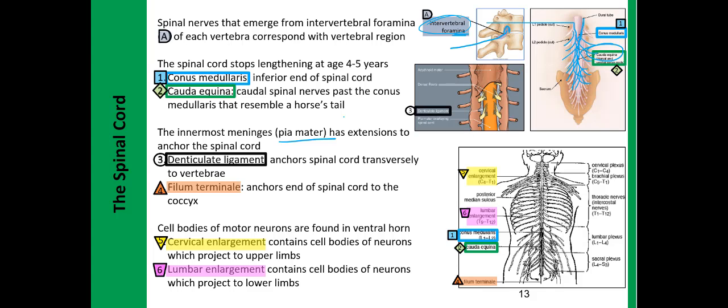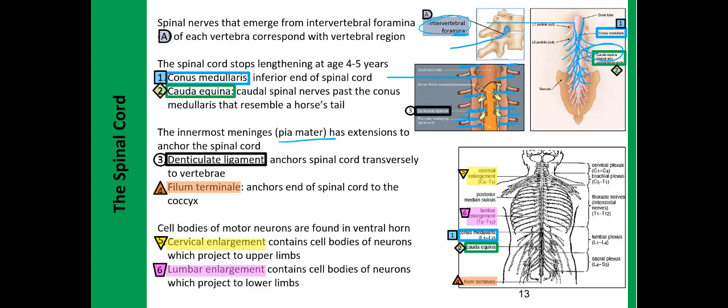The first one is the denticulate ligament. You can see the gray bits. They basically anchor the spinal nerves sideways. So they emerge and anchor the spinal cord so it can't move side to side, right? And it helps to stop the up and down bounce of the spinal cord.